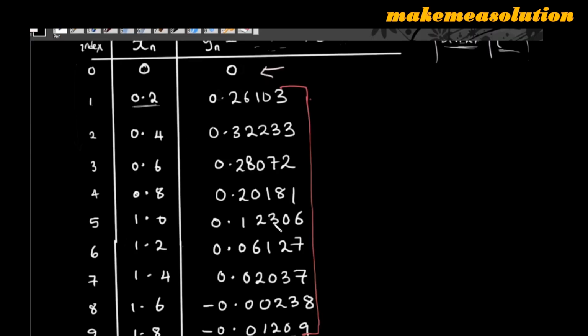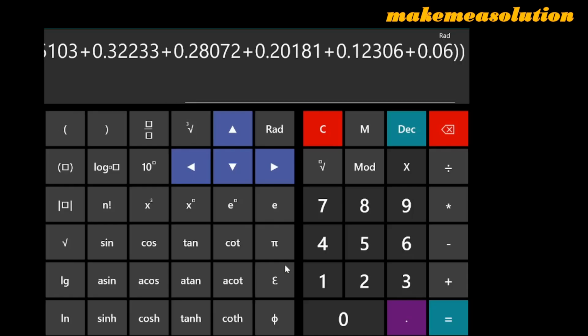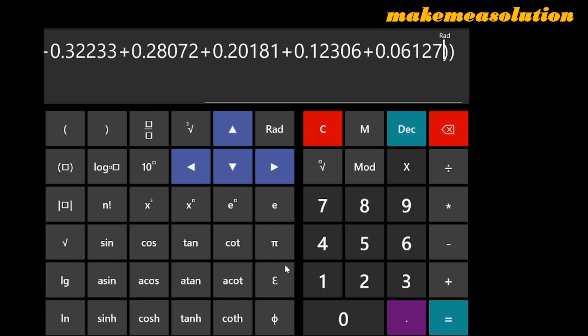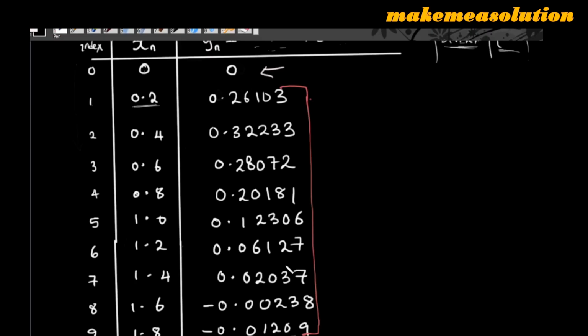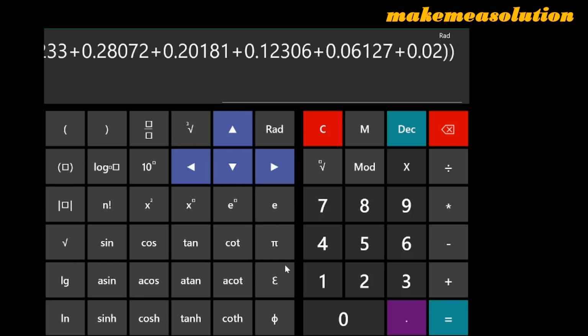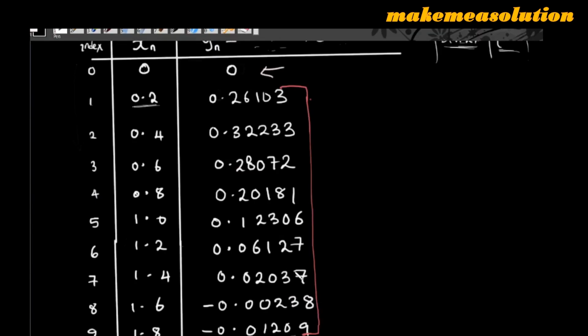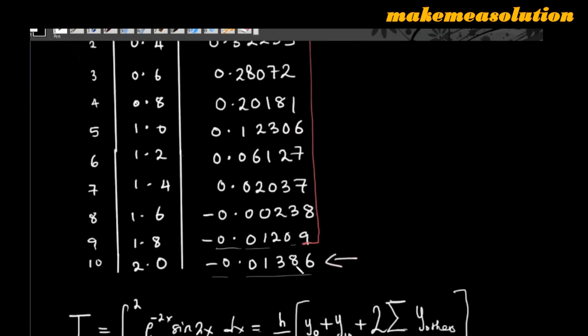and you now have plus 0.06127, and you now have plus 0.02037, and plus we have something negative.